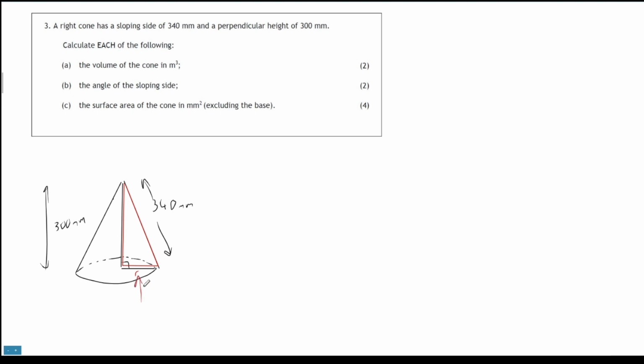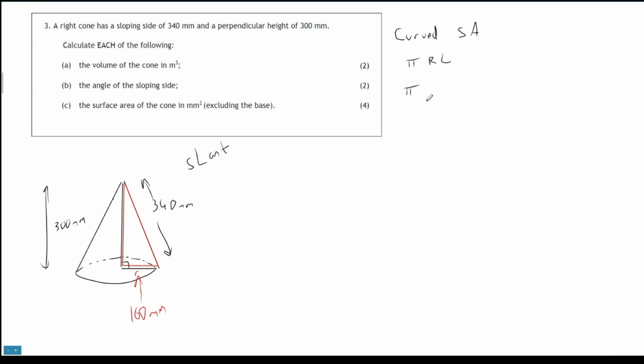This was 160 millimeters. Now the formula for surface area of a cone is 2 bits. It has the curved surface area around the outside, which is pi R L or pi R S, where L is the slant height. We can call it slant, or sometimes you'll see it as S. It's the same thing.